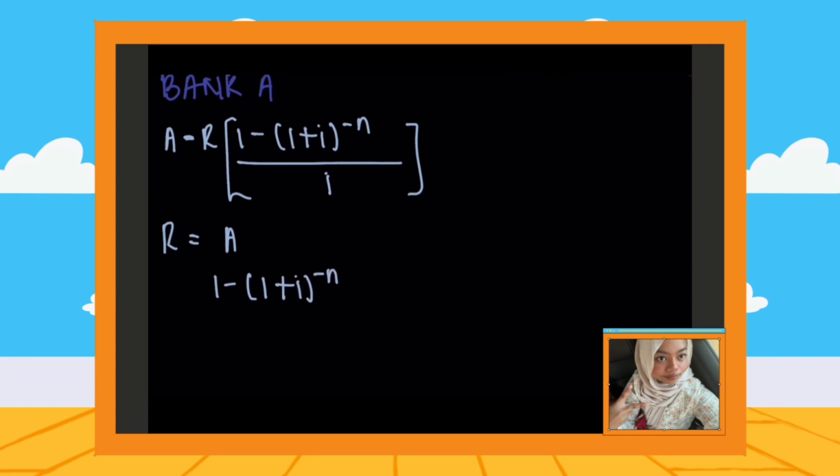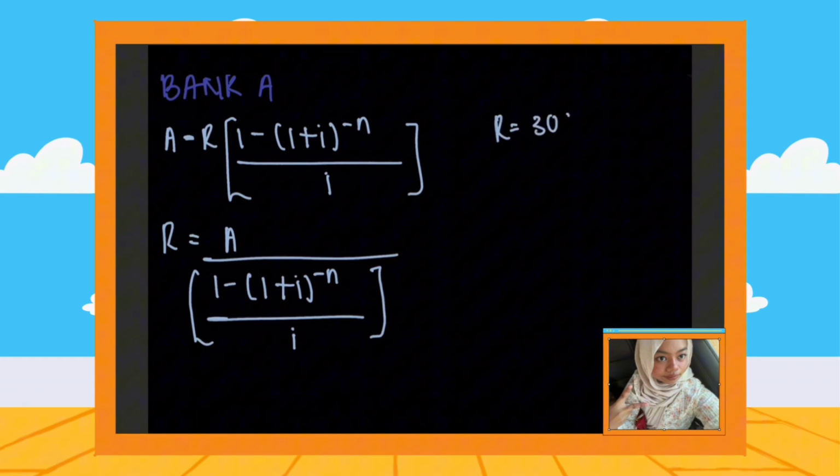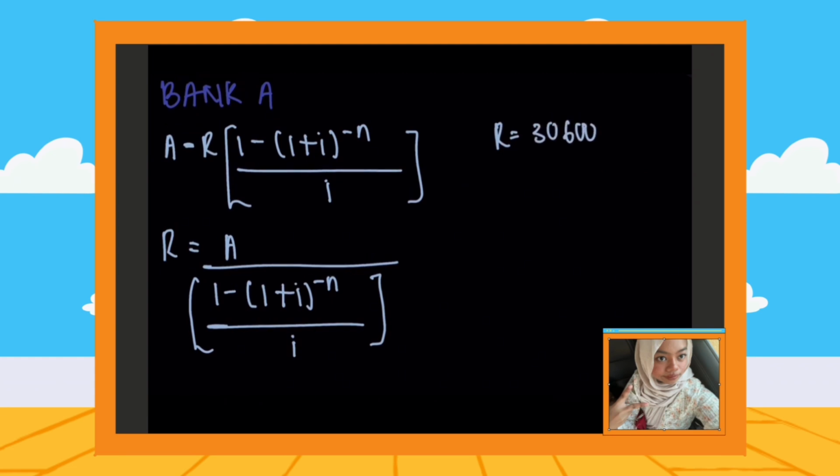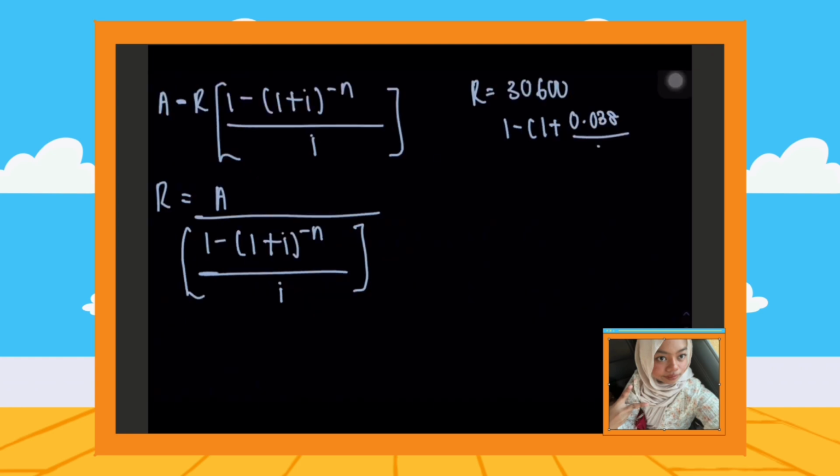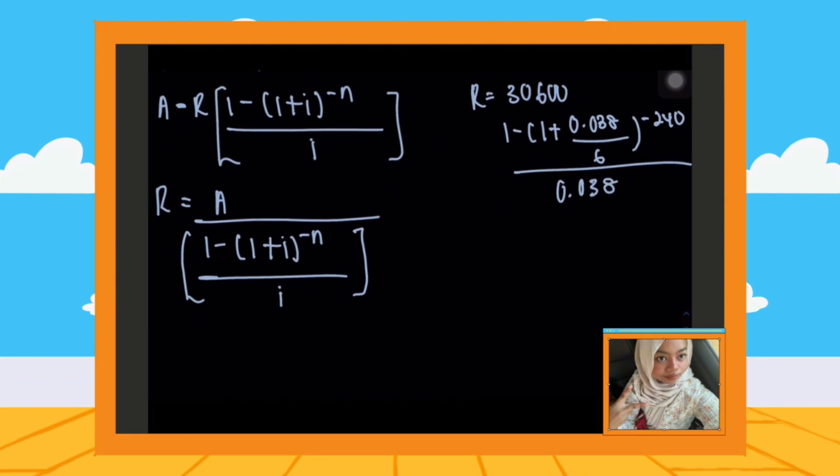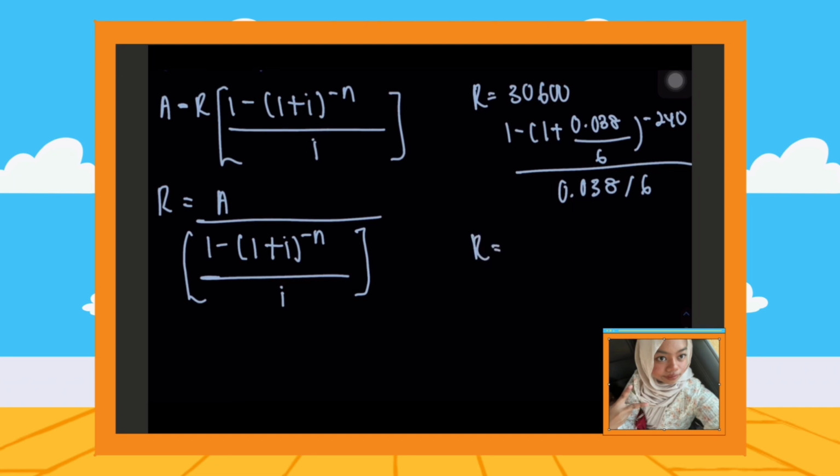So we need to find out the R. 306,000 divided by 1 minus bracket 1 plus 0.038 divided by 6, with the power of negative 210, and divide it by 0.038 divided by 6, and the R you will get is 2,638 ringgit 85 cents.